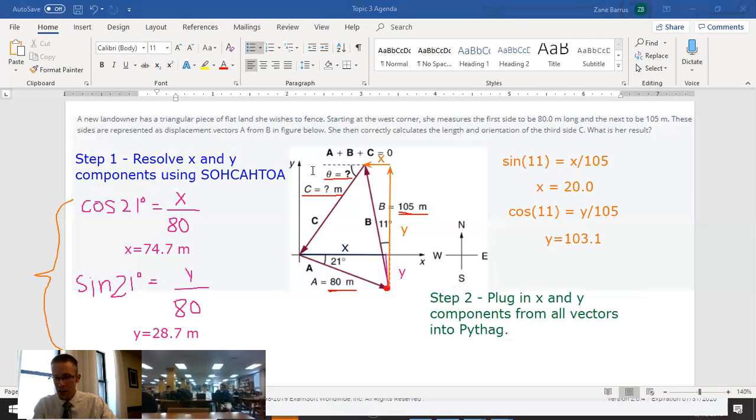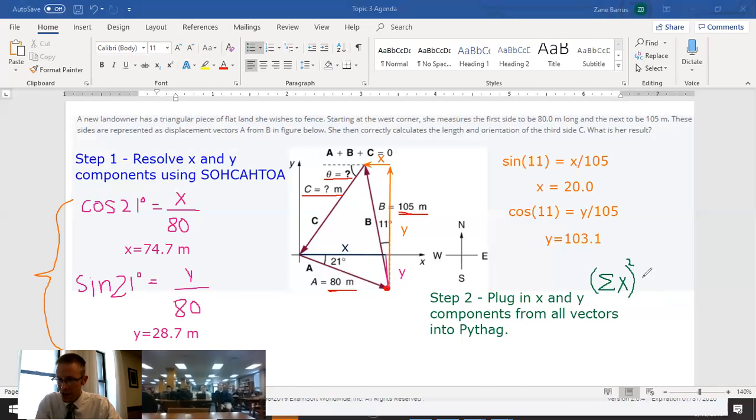Remember that Pythag is a squared plus b squared equals c squared. I'm going to revise that a little bit because we're not really dealing with a's and b's here. We're dealing with x's and y's. So it's going to look something like this, and I'm going to draw it symbolically first before I actually plug it in. I don't know if you're familiar with sigma notation, but sigma notation just means add. So we're going to add all of our x components together and square them.